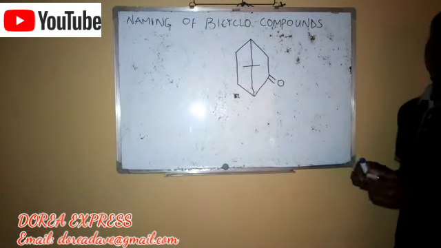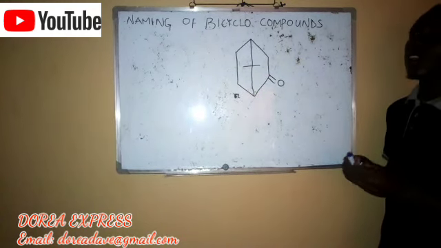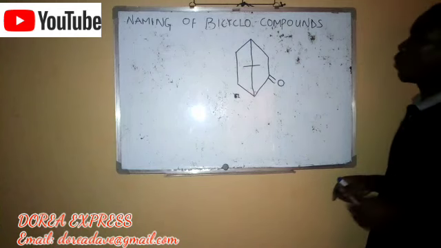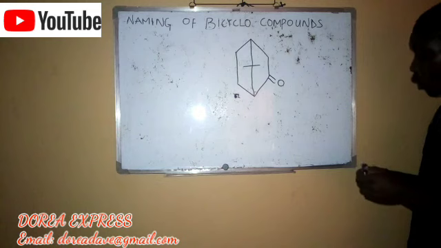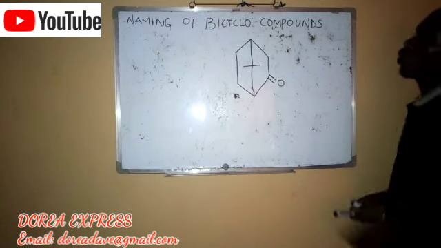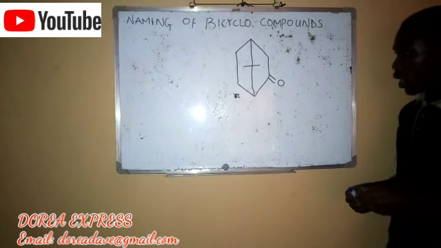You can see this example. This is a very critical example. It is different from the examples that have been seen before, because in this case we have a carbonyl group, which is a ketone. We have a carbonyl group here, and we have two methyl groups in the head bridge.